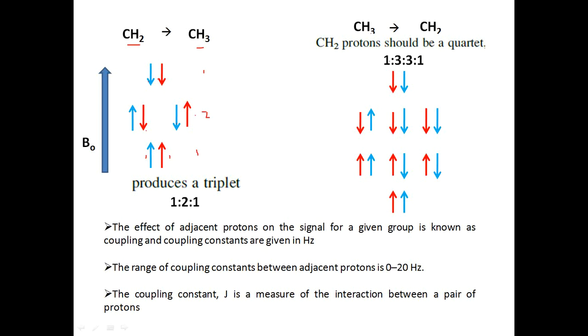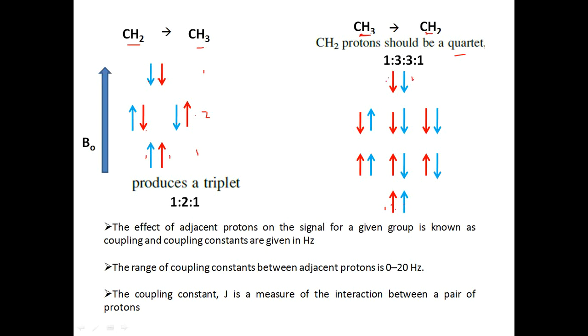But if you take the CH2 methylene proton, its NMR signal is getting coupled with the CH3 protons, so it should give a quartet, right? So how is the quartet intensity obtained? One proton of methylene is interacting with 3 protons of methyl. In one case, all the spin states are aligned.